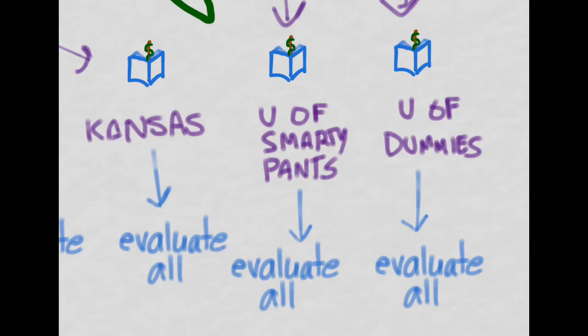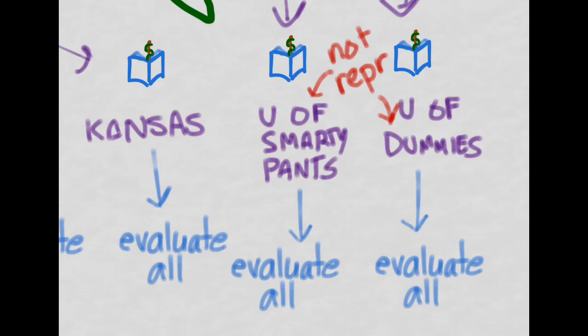They're below average. And so these are not representative. And as being not representative, they don't make good clusters. So then this would not be a valid sample, since even though they are homogeneous within their group, everyone at the University of Smarty Pants is highly intelligent and everyone at the University of Dummies is below average, but they are not representative of the entire population of medical students in the United States, so these are not good clusters.